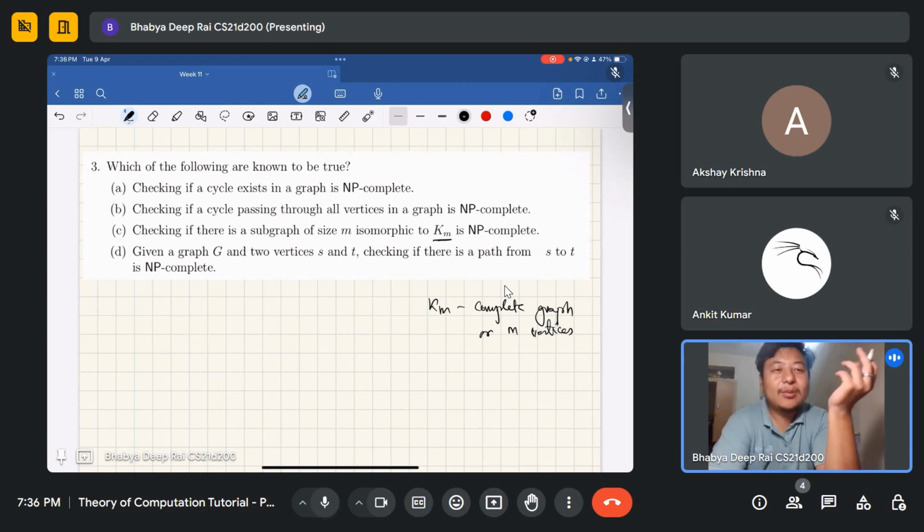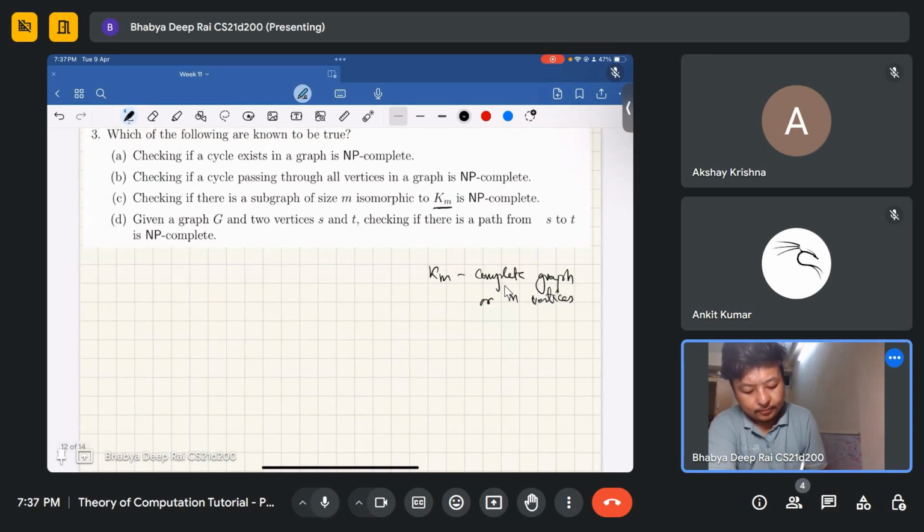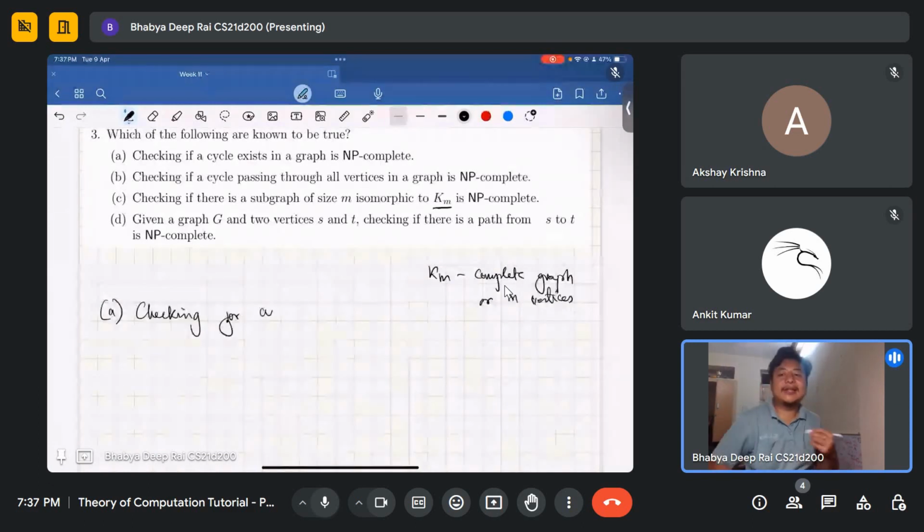Is it possible to come up with a simple algorithm for this? How do I check whether a cycle exists in a graph? Or in other words, check if it is a tree or not.